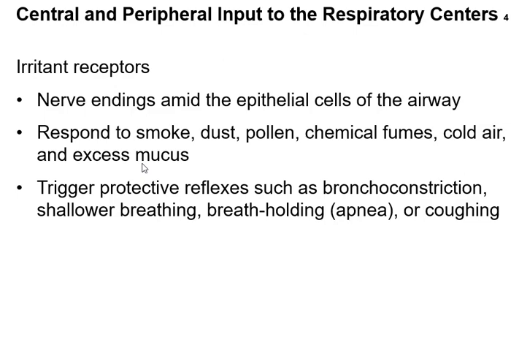Something is clogging up your airways with mucus. All of these things can trigger bronchial constriction and shallower breathing, episodes of apnea, or coughing. So any of these things can happen. If you know someone who has apnea, look around and see, is there something you can do to get an irritant out of the room?